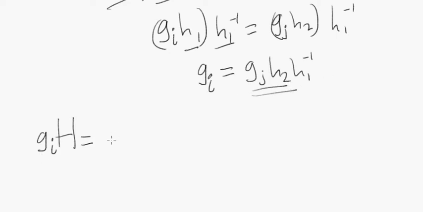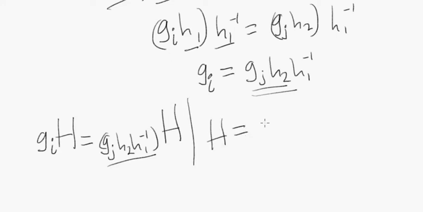The coset GiH can actually be written as Gjh2h1 inverse H. We've just substituted Gi for what it's equivalent to anyway. Now suppose that the subgroup H consists of the elements alpha 1, alpha 2, alpha 3, all the way to some alpha r.